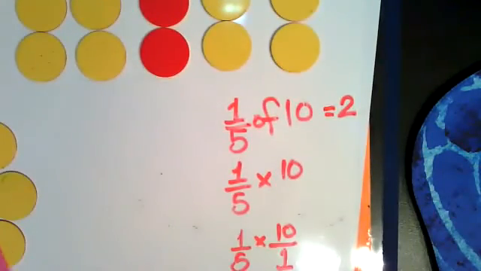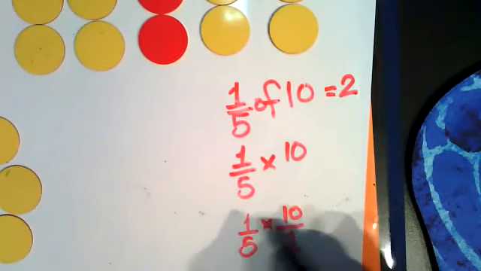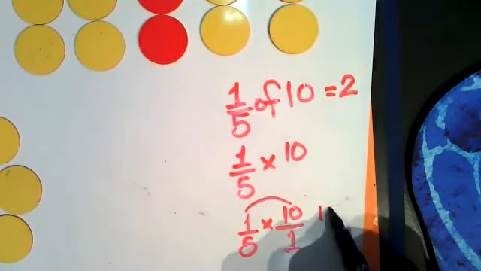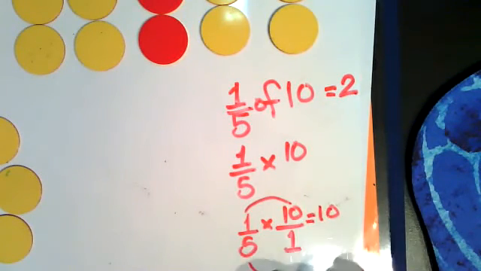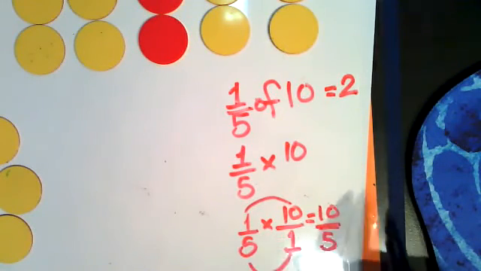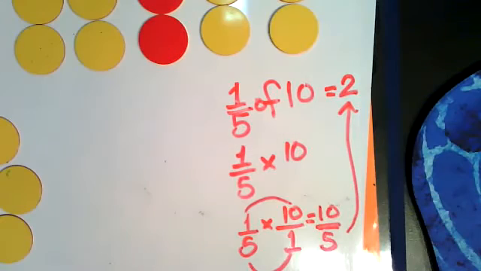When we get to the abstract part of it, when we're multiplying fractions, you do numerator times numerator, which is 10, denominator times denominator, which is 5. And we know that 10/5 is going to give us 2.